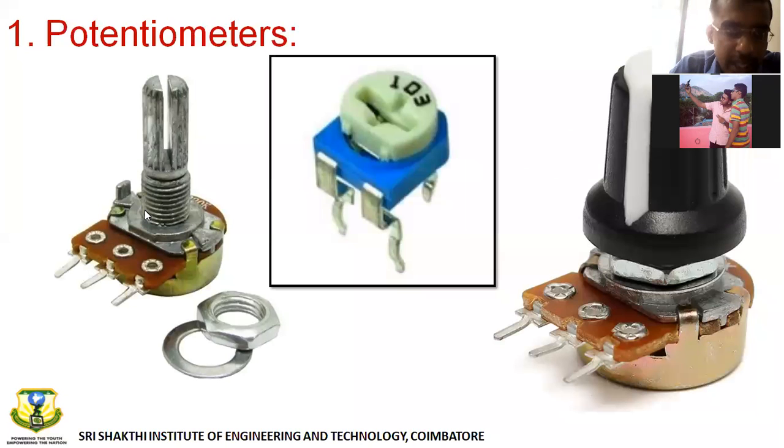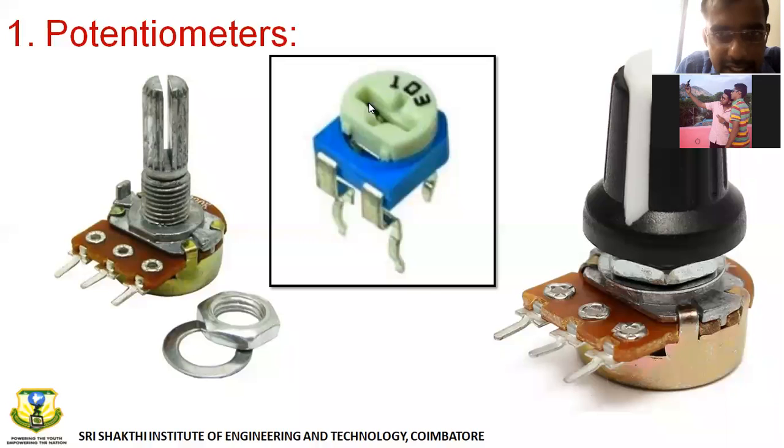Here, there are two types of potentiometer. Both are variable resistances. One can be connected to an external control, and the other is internal. For example, certain things you need to fix inside the board and should not be changed often.